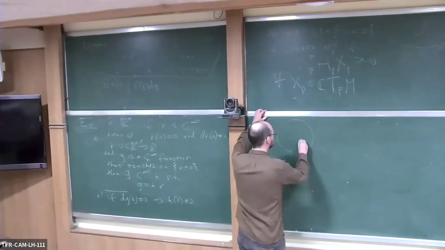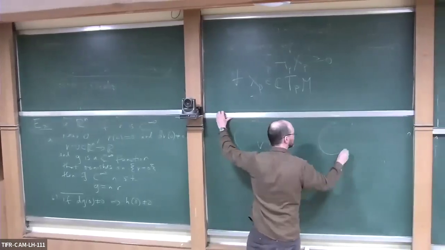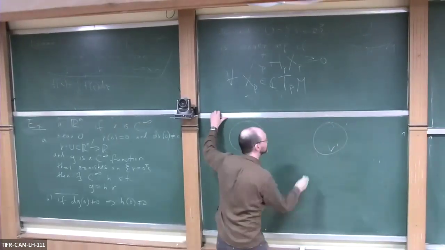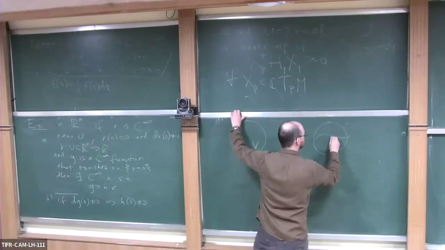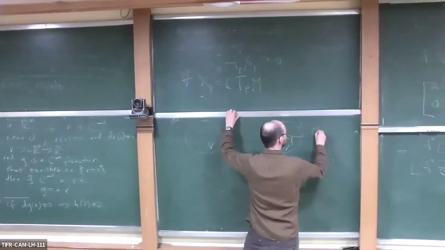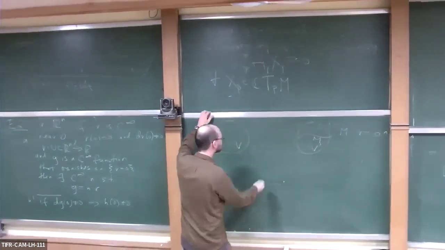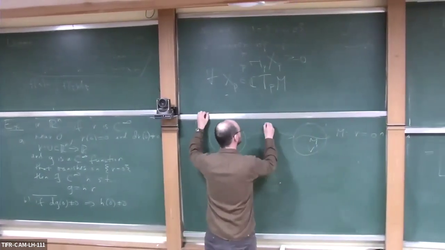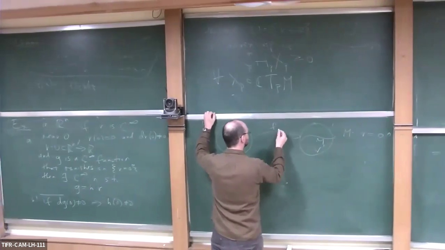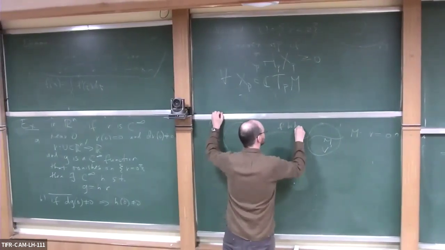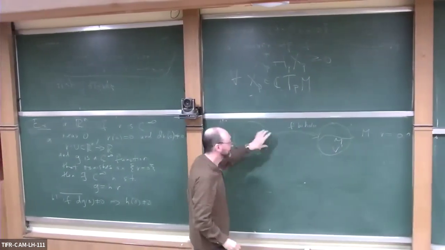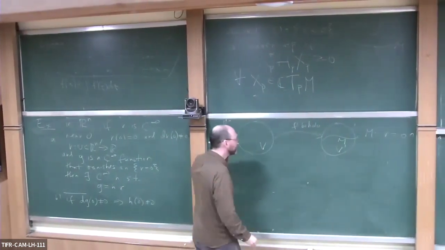some, let's call this neighborhood B, and this neighborhood B prime, and I'm going to have M here, and M is given by R equals 0, and I will have a biholomorphism F that goes from B to B prime, right?